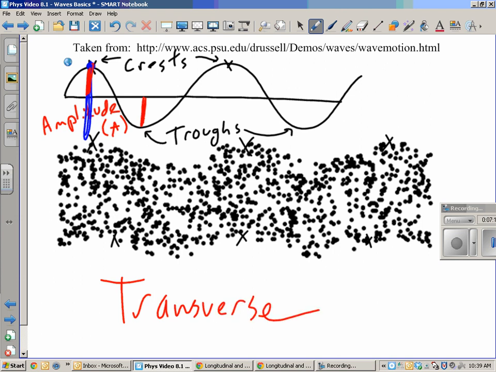So now let's talk about longitudinal waves. Longitudinal waves don't have crests and troughs. They have what are called compressions and rarefactions. Unfortunately, I did a screenshot of this, and it really didn't capture very well. But if you go back to the graphic that I showed from this, there are points where the particles are kind of very close together.